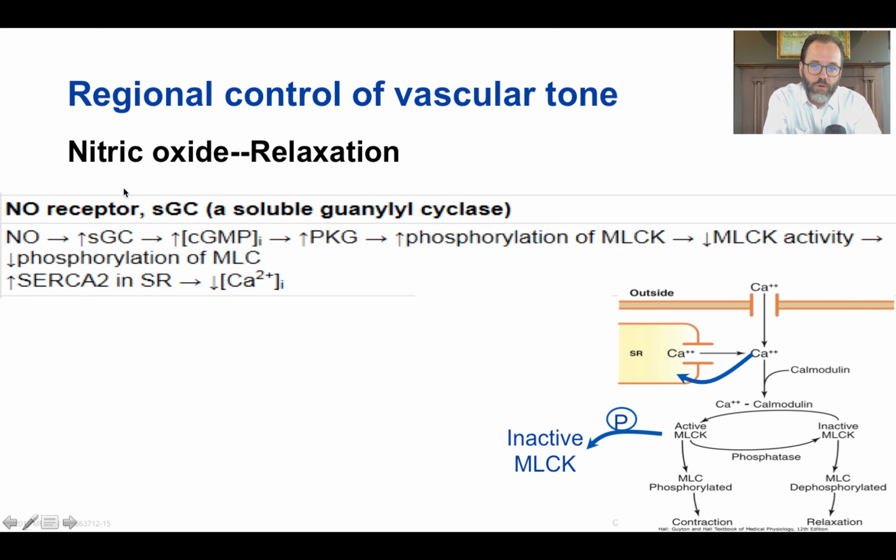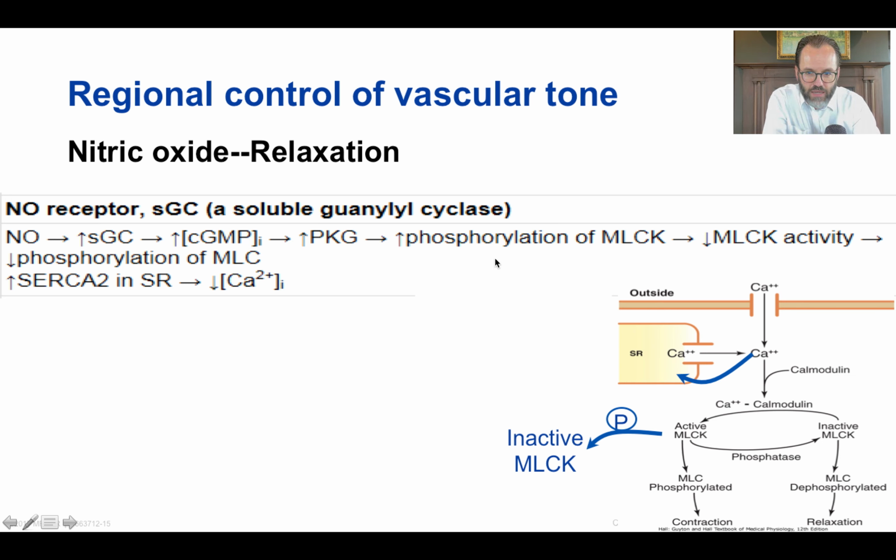So when we look at this from a molecular perspective, with nitric oxide-mediated relaxation, of course, we've got nitric oxide, which binds to soluble guanylate cyclase. That is its receptor, if you will. When nitric oxide binds to soluble guanylate cyclase and increases its activity, that increases cyclic GMP.